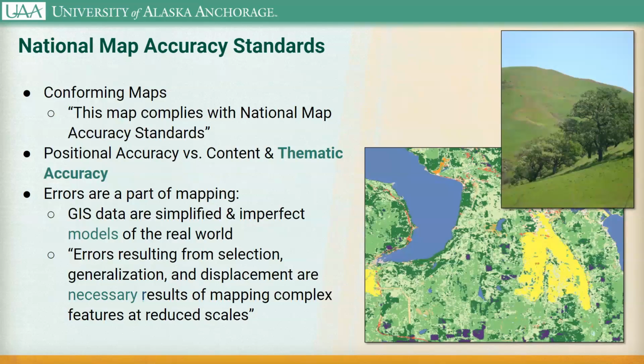And then in addition to the positional accuracy of your information, you have the thematic accuracy of your information. So if you have incorrectly classified something or incorrectly identified an object in your data set, then you have a problem of accuracy in your data.